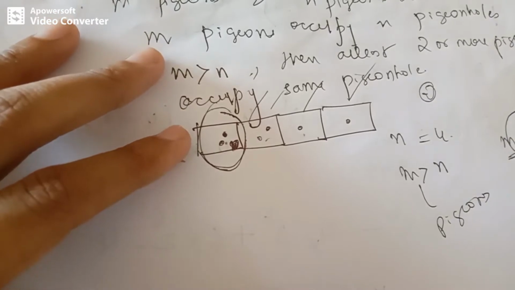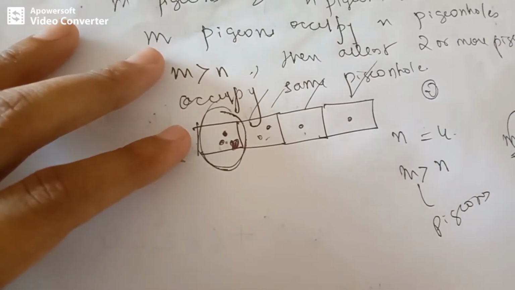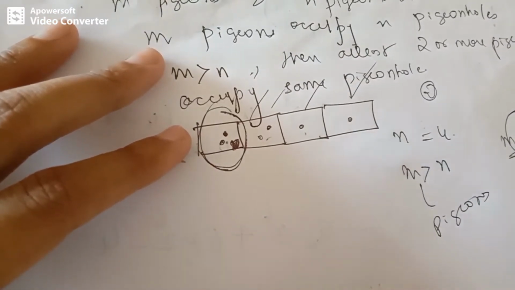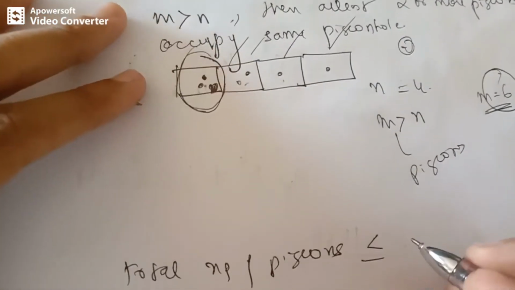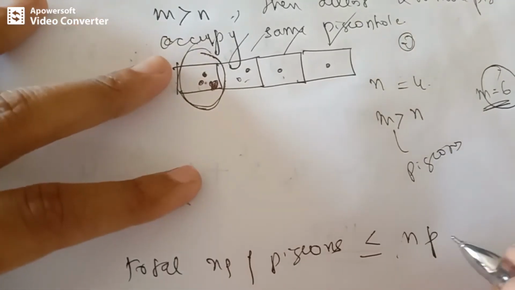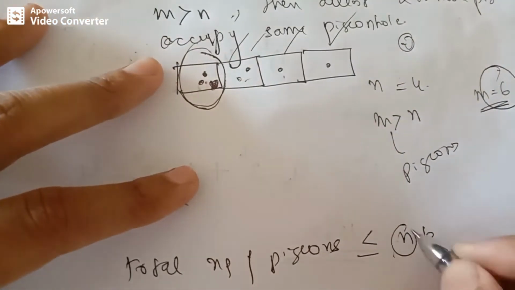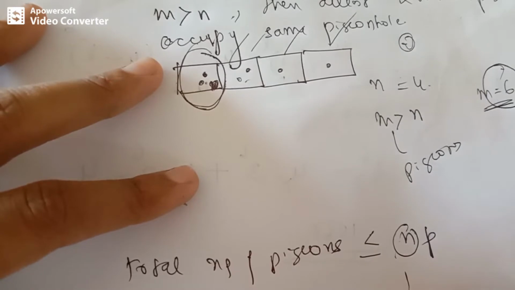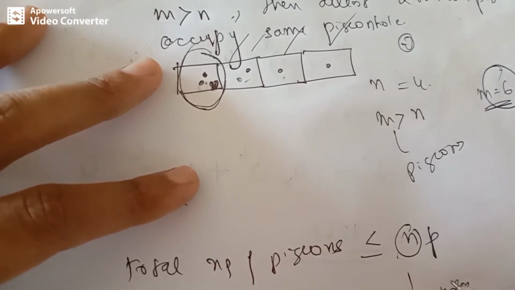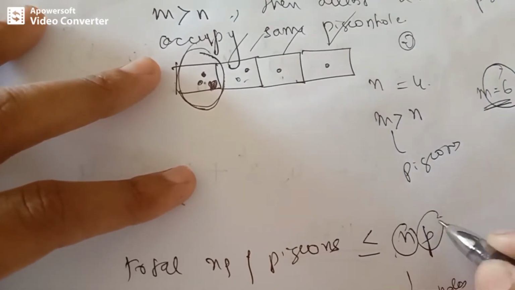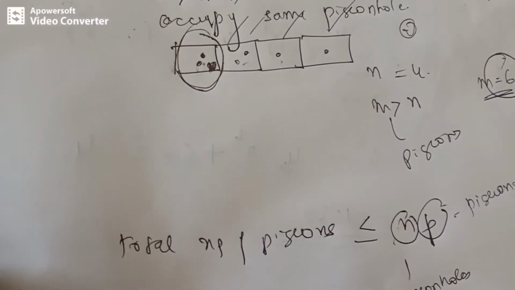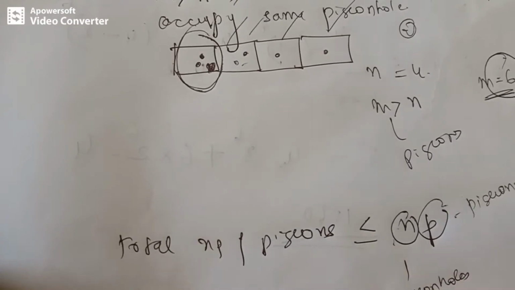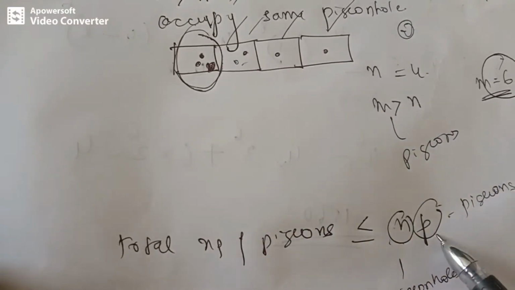We can say that the total number of pigeons is less than or equal to n into p, where n represents the pigeonholes and p represents the pigeons.